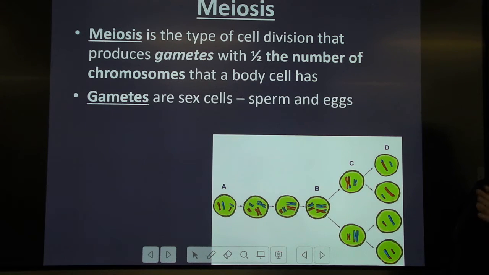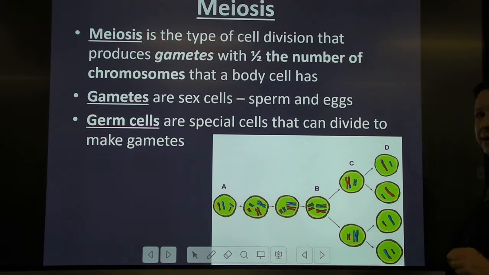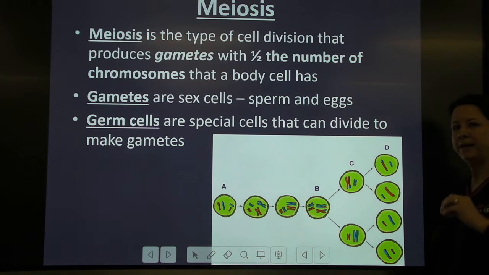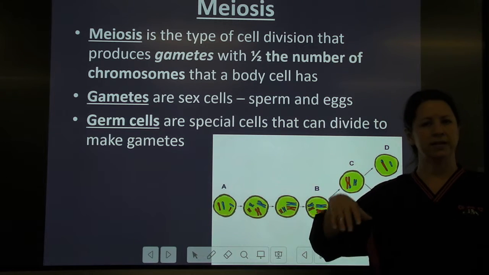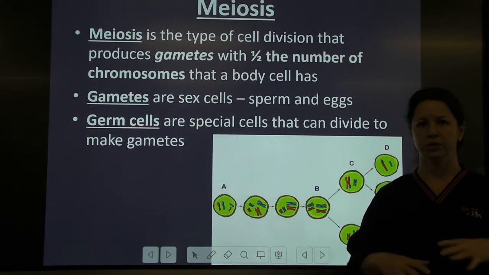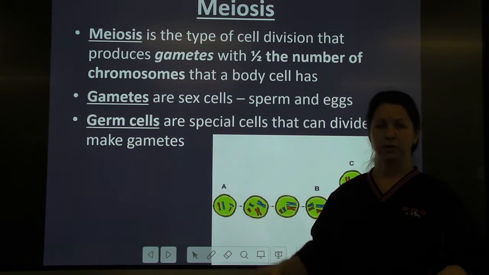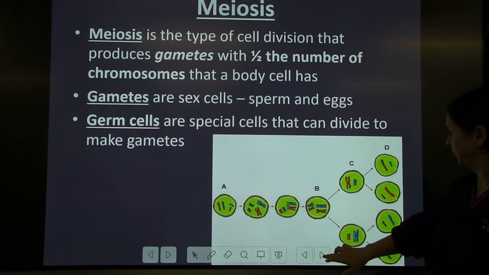And so the gametes are sex cells, so we're talking about sperm or eggs. And germ cells are the specialized cells that can make gametes. Nothing else in your body does this. Your skin just makes skin, muscles just muscles, bone just bone. Only germ cells can do meiosis and make gametes.